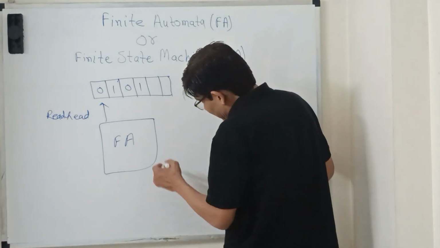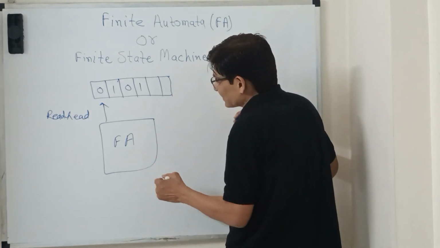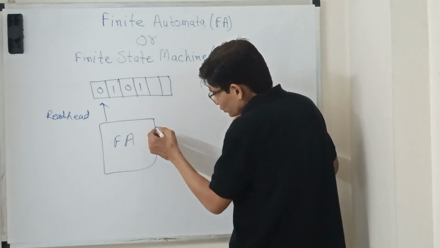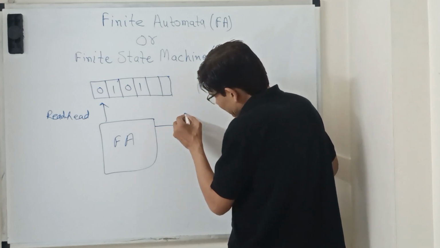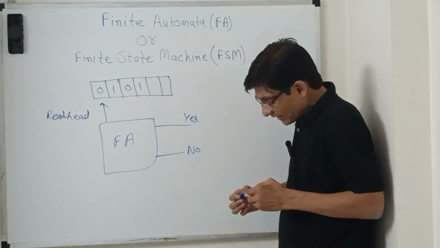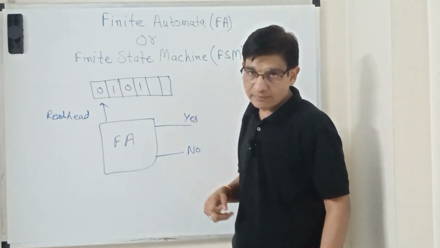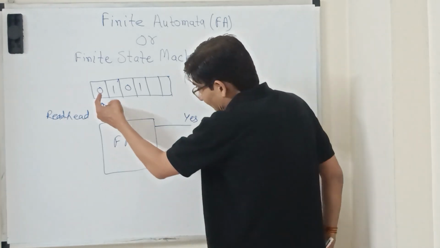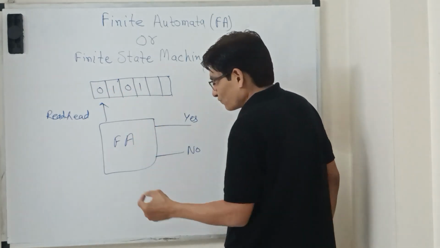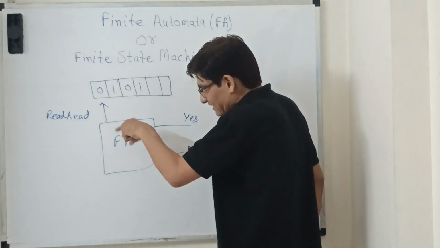See, as we have already discussed, finite automata are of two types: without output, or you can say binary output. So it gives two types of outputs: yes and no. If I want to know whether this string belongs to some particular language, the finite automata will start reading this string from the leftmost position, and after reading each character, it will change its state.